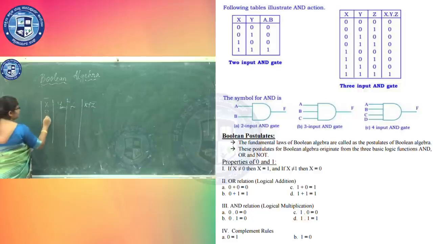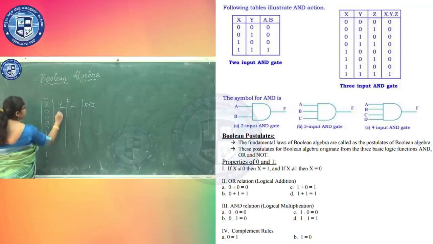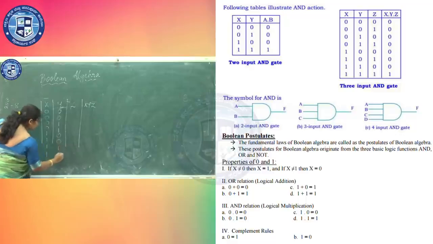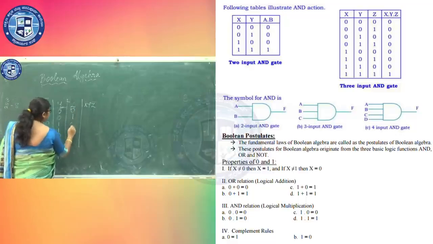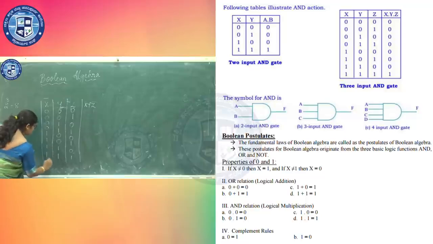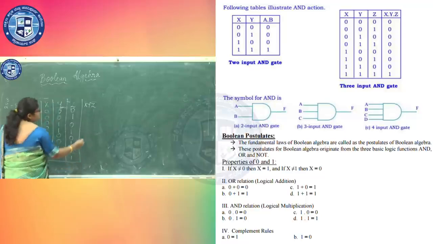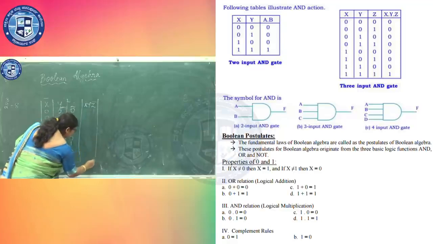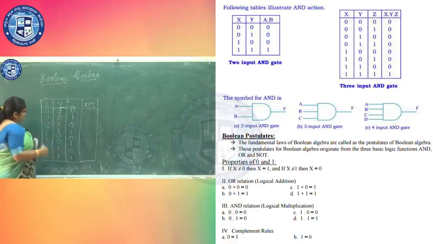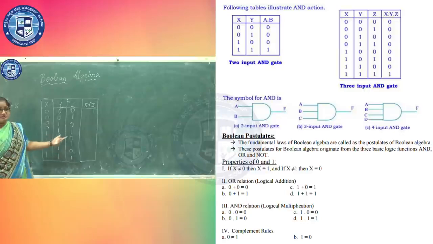So the possible values can be these combinations of possible values.